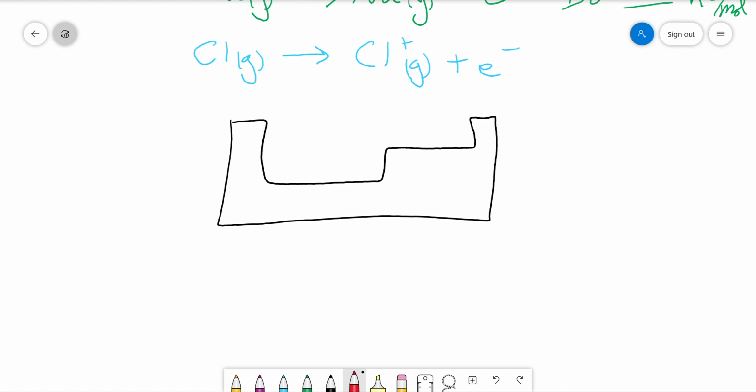In other words, what's more difficult to remove an electron from? So if you think about the left side here versus the right side over here, and we're ignoring noble gases. Noble gases don't really come into play. They don't react very much. So what's easier to remove an electron, the left or the right? Just think about that for a second.